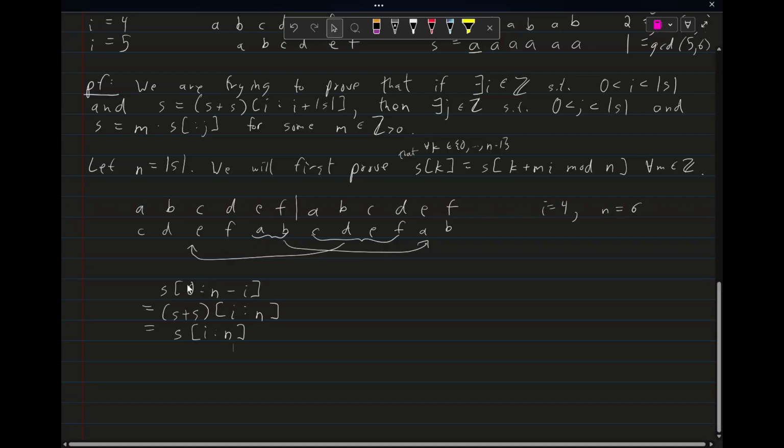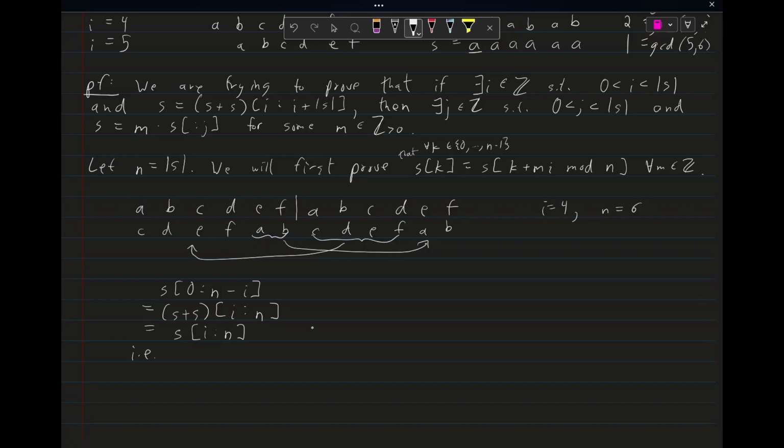So this substring S from 0 to n minus i is equal to Si all the way up to n. So this means Sk equals Sk plus i, if k is between 0 and strictly less than n minus i.